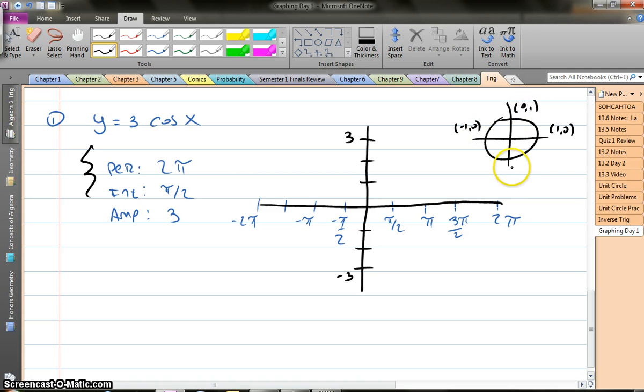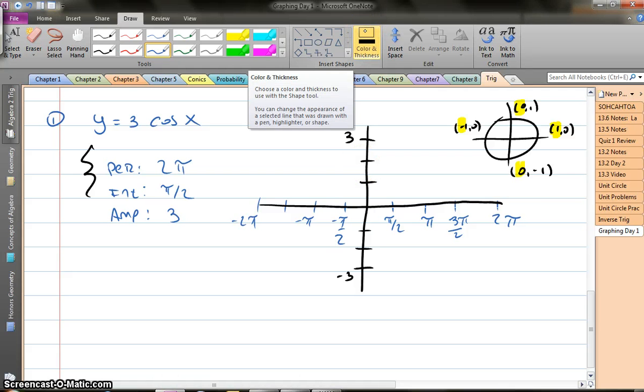Because it reminds us that with cosine, we're focused on our x values. So we start at 1, but in this case, now 1 is kind of like 3, because my amplitude is 3. So basically, what we've done is we stretched this circle out, and we stretched our graph up. Our amplitude tells us how much we stretch it, how tall it is.